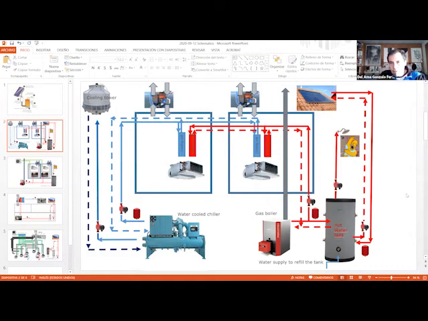This is a hot water tank. Those are solar collectors. Then those are fan coils. This is a fan coil, and this is another fan coil. And finally, this is a heat recovery.